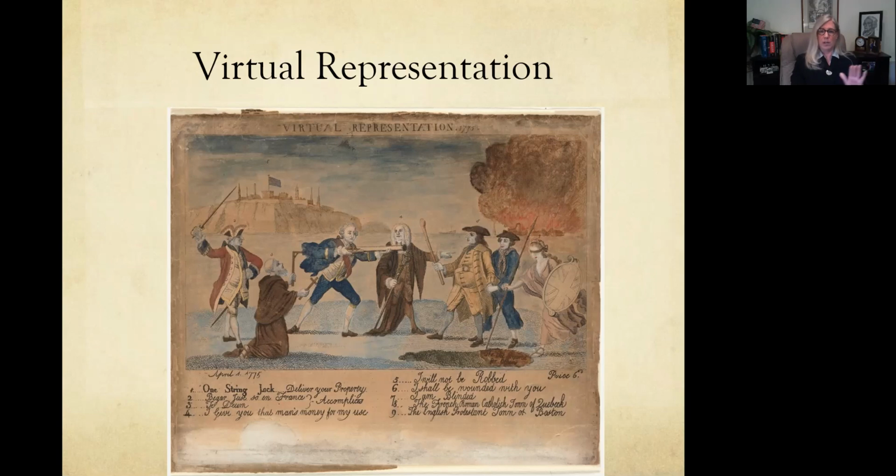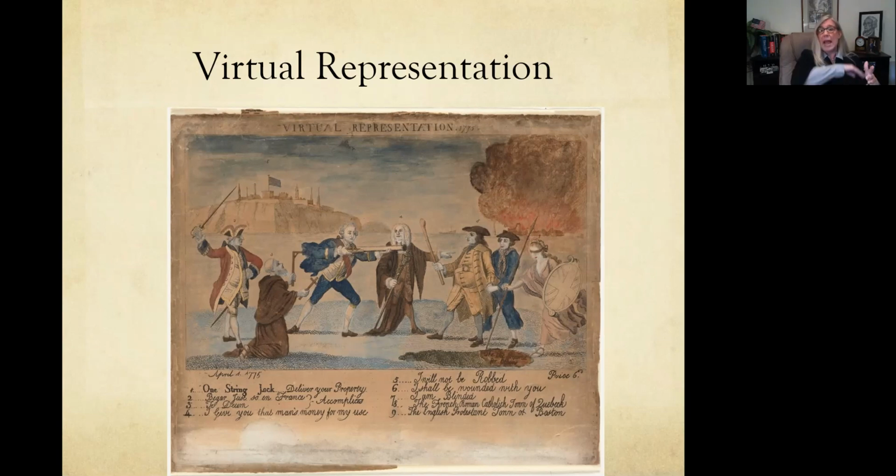The British were furious. Absolutely not. Instead, they began to promote the idea. They're saying, but you do already have representation. We call it virtual representation. Virtual representation meant that every member of Parliament represented the interest of every British subject everywhere in the world. So they weren't necessarily representing a single geographic area.